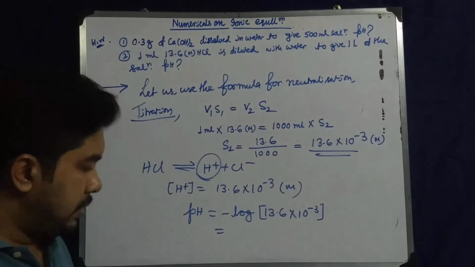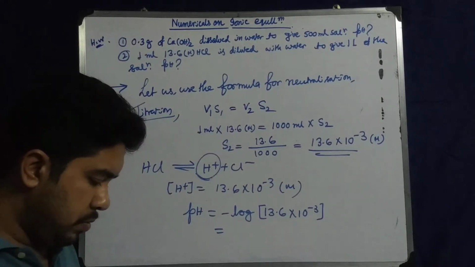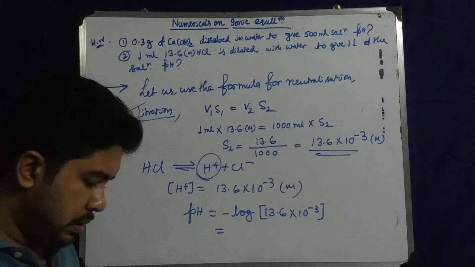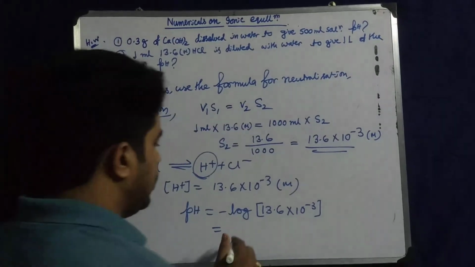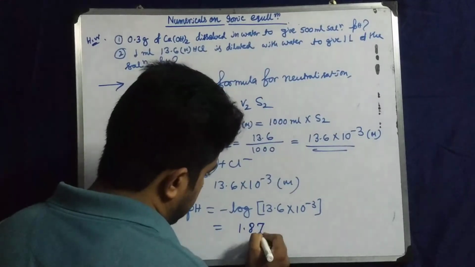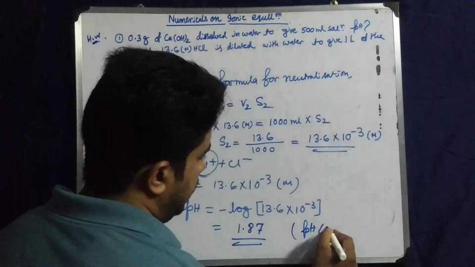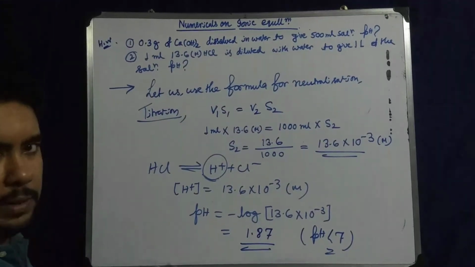Log 13.6 into 10 to the power minus 3. So equals to, yes, it will be 1.87. Again you can see that it is way below 7. So it is obviously the pH of HCl.